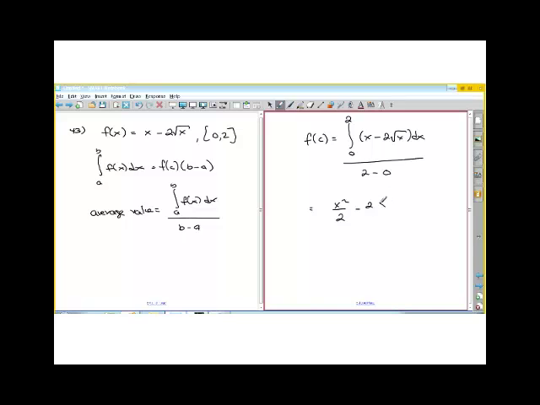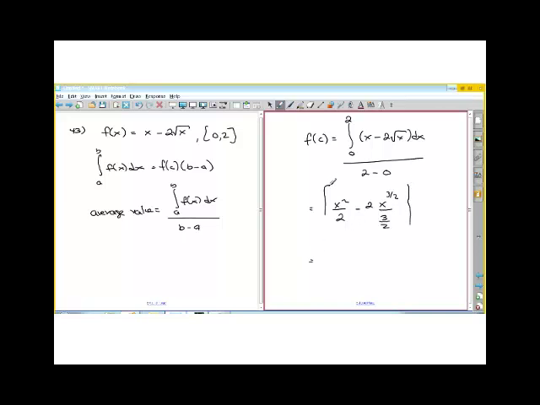The integral of the square root of x is x to the 3/2 divided by 3/2. How did that happen? Because this is x to the 1/2, so you add 1, and 1 plus a half is 3/2. You divide by the new exponent, 3/2. Once you do this part, you don't have to do anything special down there.